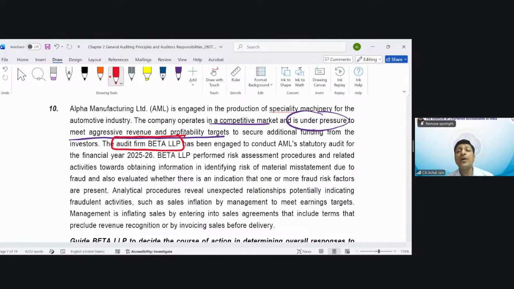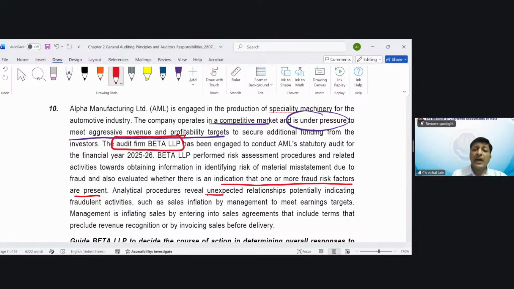Beta LLP performed the risk assessment procedures related activities towards obtaining information in identifying the risk of material misstatement due to fraud, and also evaluated whether there is any indication that one or more fraud risk factors are present. Analytical procedures were also performed.